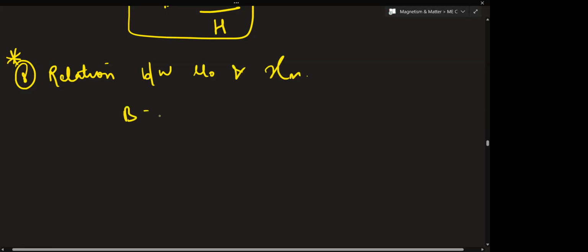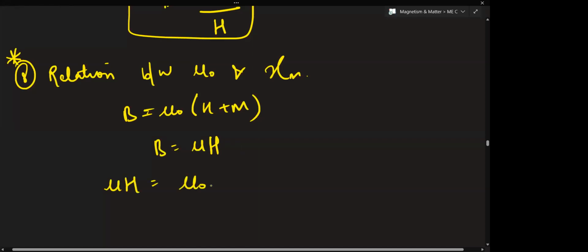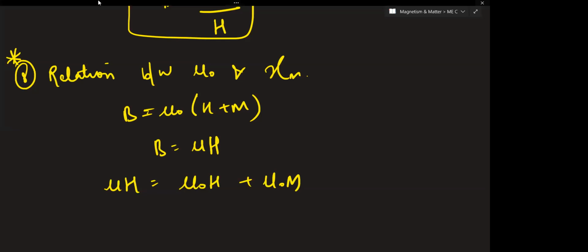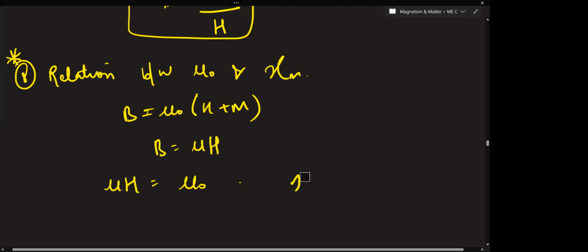So B is equal to mu naught (H plus M), what I have made you write right now. And B is also equal to mu H from the formula of magnetic permeability. So if I put this in this formula, this becomes mu H is equal to mu naught H plus mu naught M. Or even if I do not take common, I'll get the answer: mu naught (H plus M).